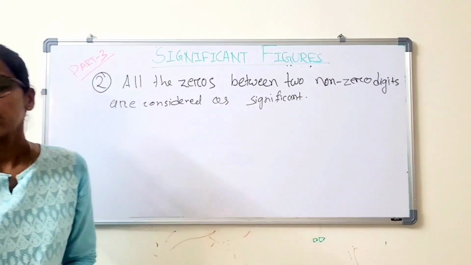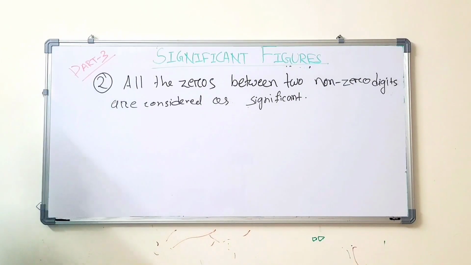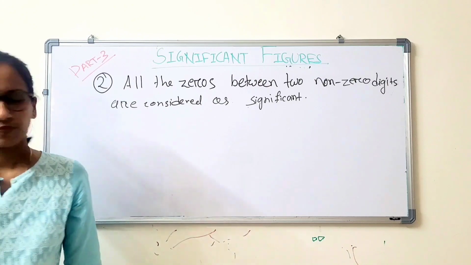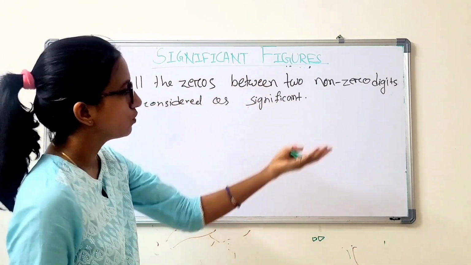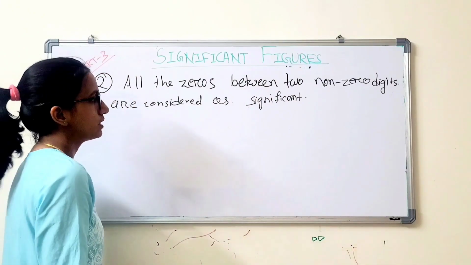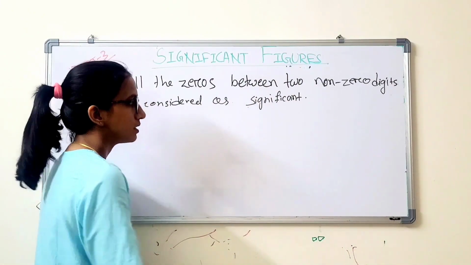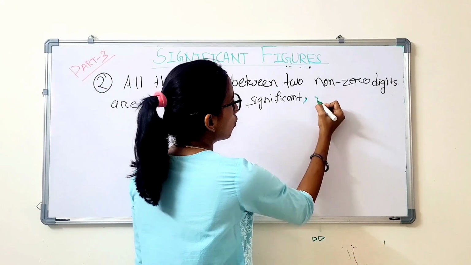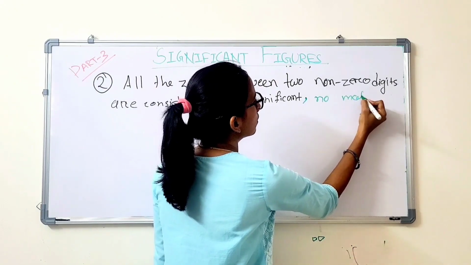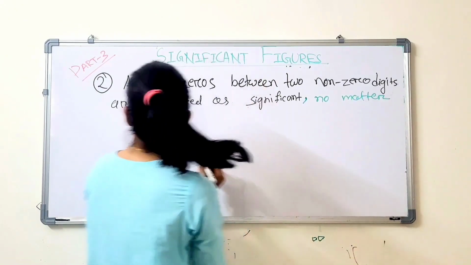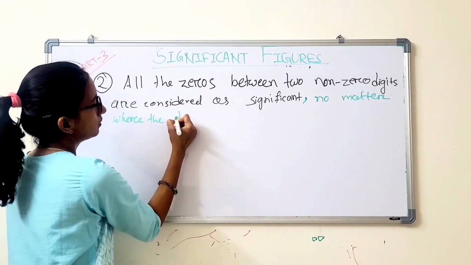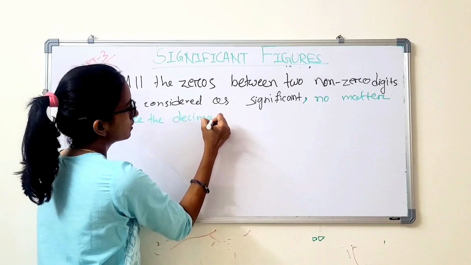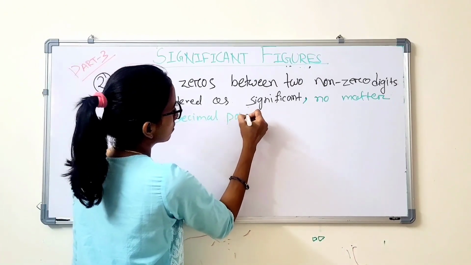Okay. So what you understood? All the zeros between two non-zero digits are considered as significant. Yes, no matter where the decimal point is.